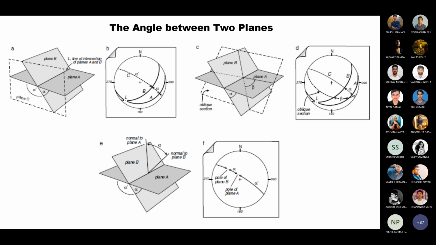So if you look at the picture, there are two planes, plane A and plane B, and we want to find the angle between these two planes based on the different great circles. So then we have to find the angular orientation relationship with the great circles.